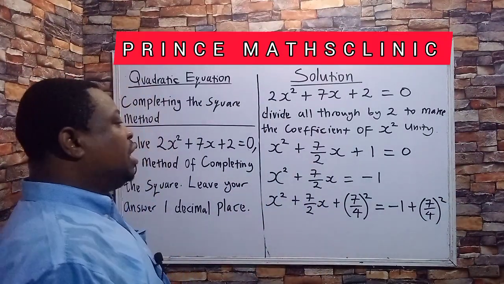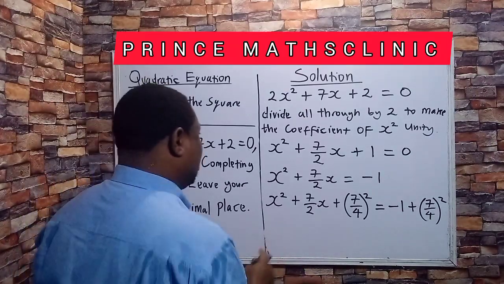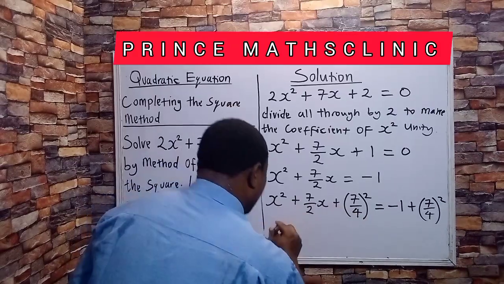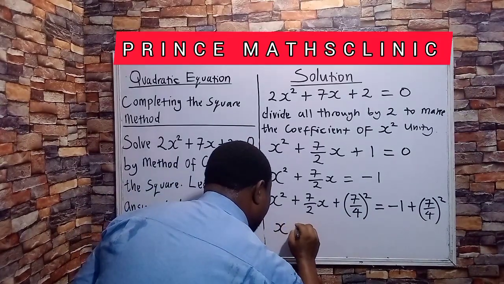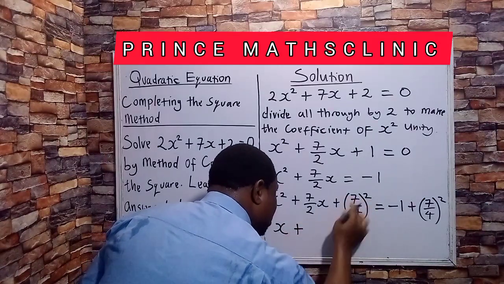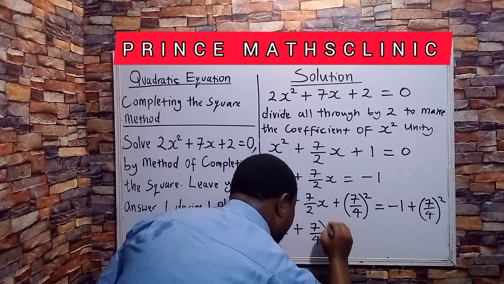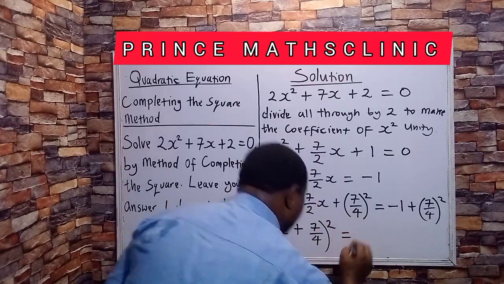At this point, in the left hand side, collect the terms with x squared. X has x squared, this has x squared. So bring the x, then respect the sign here. This is positive. Then this is 7 over 4. Then you square it.